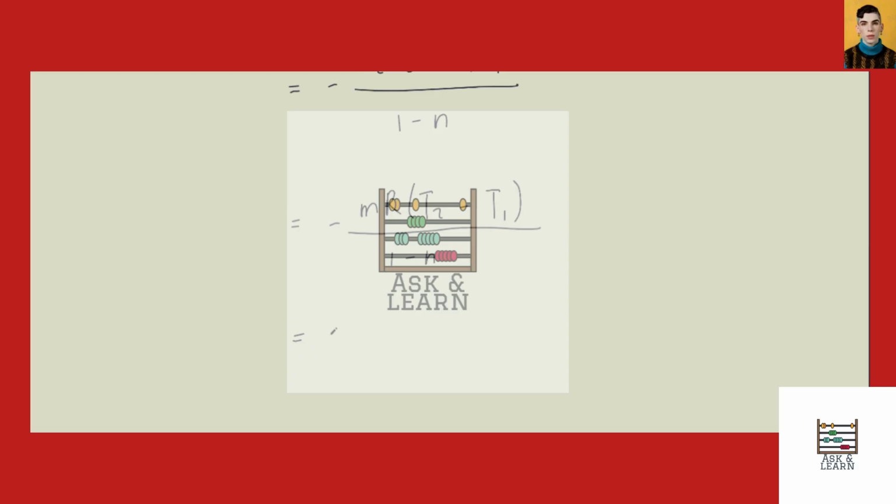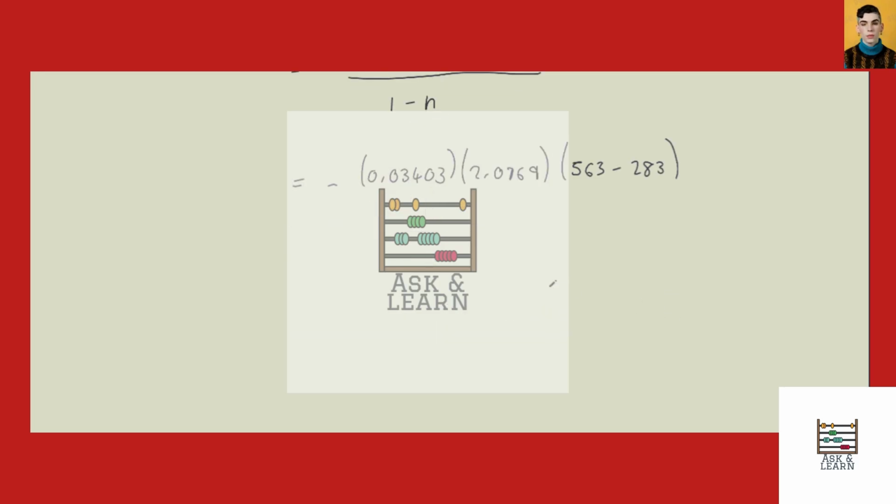So now we can substitute our values again. And the mass is minus 0.03403. That's kgs. We suppress the units. The gas constant is 2.0769 in SI units, and the change in temperature is 563 minus 283 in Kelvin.